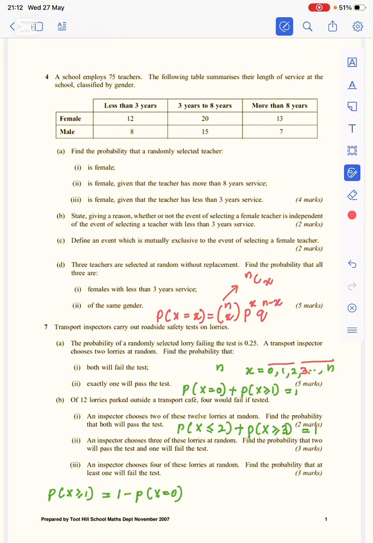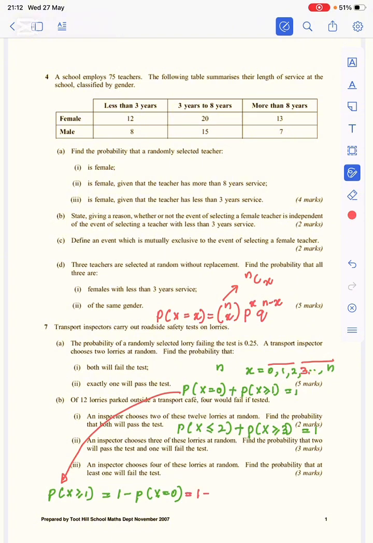Okay, the same concept you can apply here. You can apply this here. Probability of x greater than or equal to 1, at least one failing, is equal to 1 minus nothing fails. Nothing fails means all pass, right? Okay, then this is 1 minus.